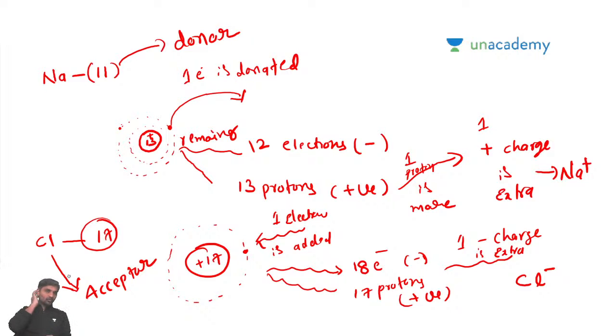So Na is donor and Cl is acceptor. Because it accepts, the acceptor always becomes negative and the donor always becomes positive. Okay.